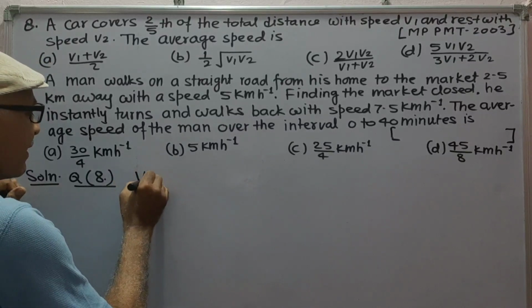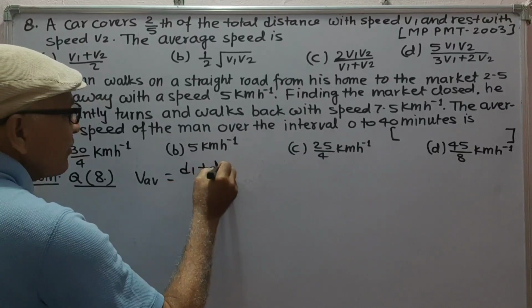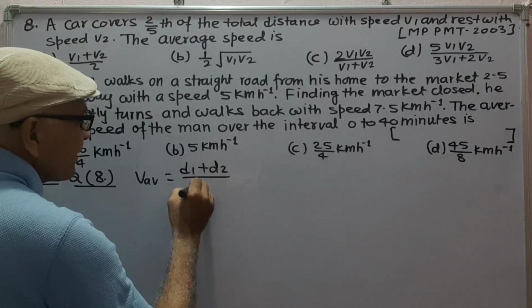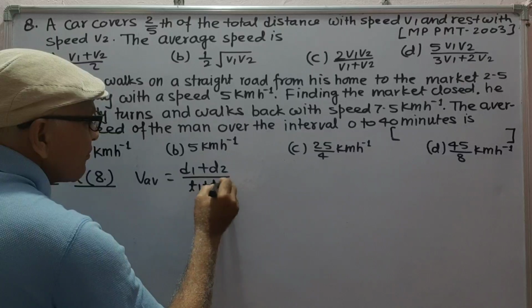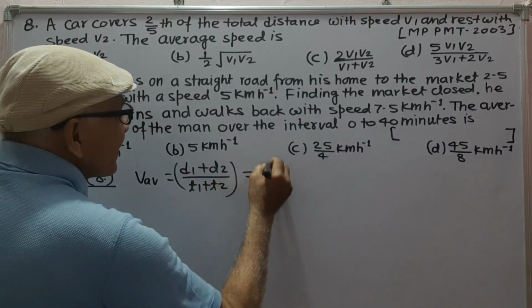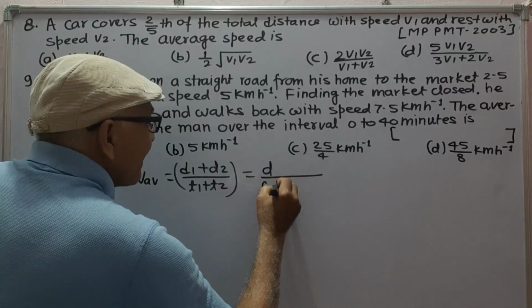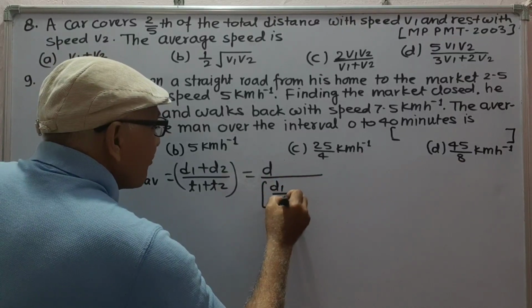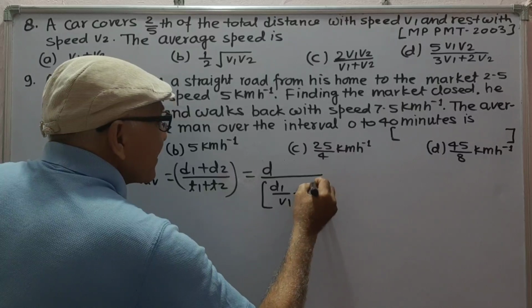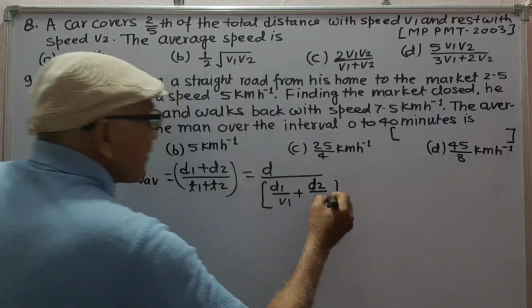V average will be equal to d1 plus d2 upon t1 plus t2. d1 plus d2 is total distance d, and t1 can be written as d1 upon v1, t2 can be written as d2 upon v2.